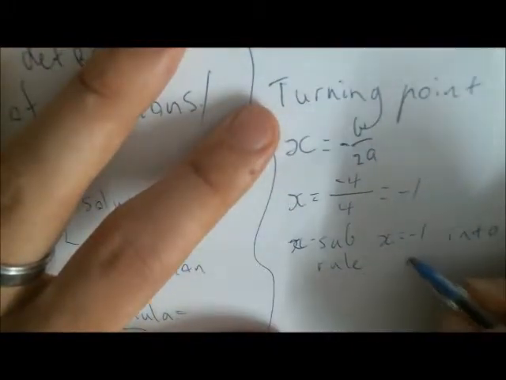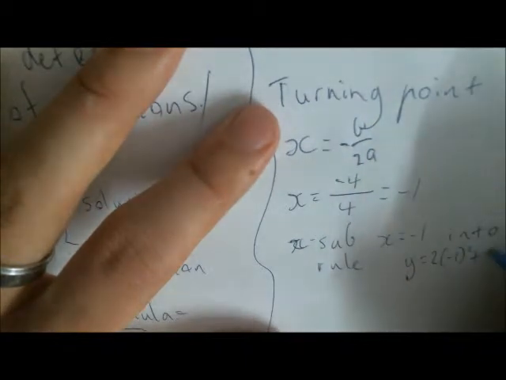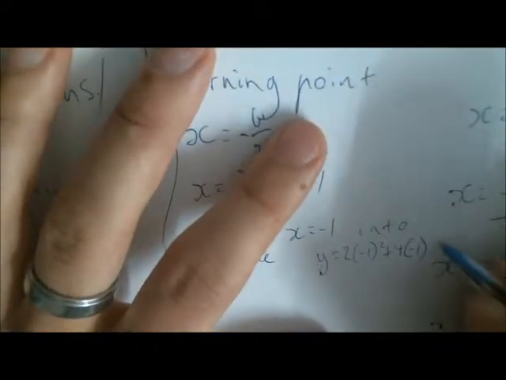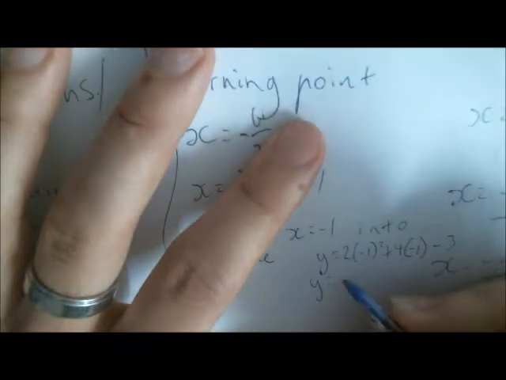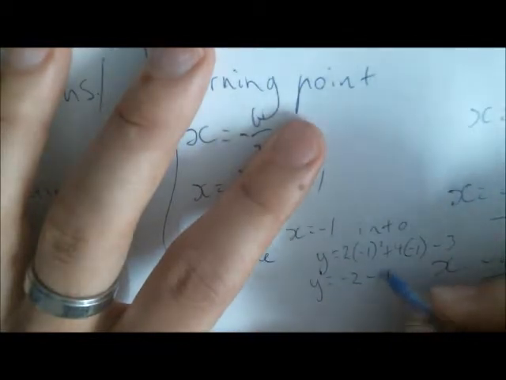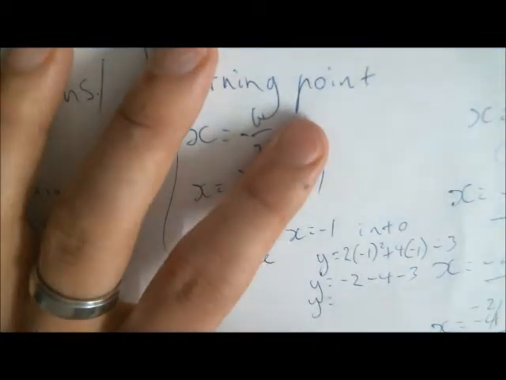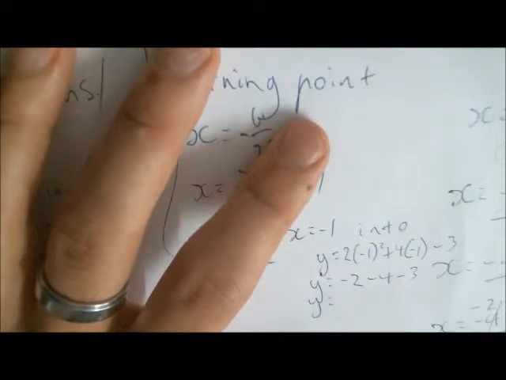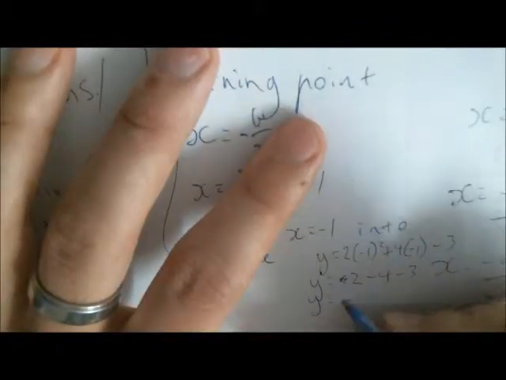So we'll have y equals 2 times -1 squared plus 4 times -1 minus 3, which is equal to -2 minus 4 minus 3. Y is equal to -9. Oh, sorry. This is actually positive 2, which makes it -5.